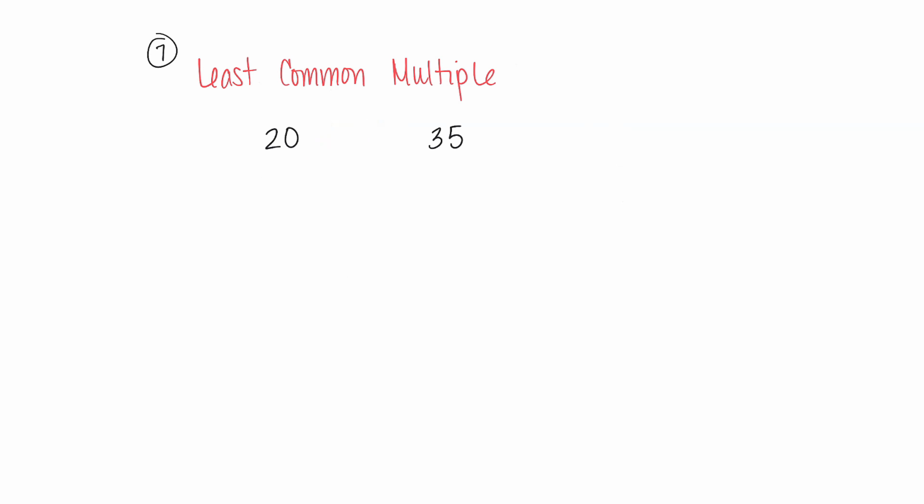Okay, our least common multiple, I like to think of as either skip counting or we can use prime factorization. For this one, because these numbers are a little bit more doable to count by, we're just going to list our multiples. So we'll do 20, 40, 60, 80, 100, 120.